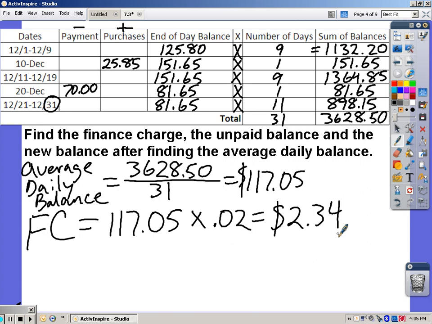Now, the unpaid balance. Folks, always find your unpaid balance by whatever the balance is on the last day of the month. In this case, my unpaid balance is $81.65.